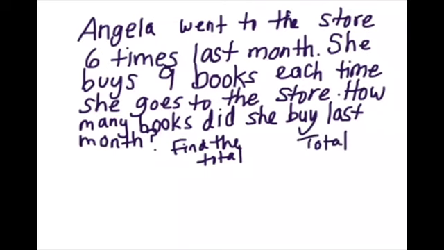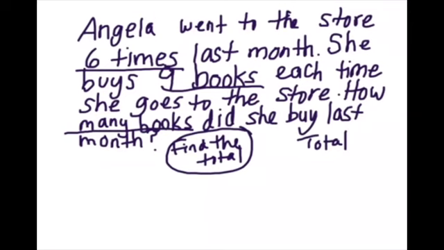Well, she went to this store 6 times last month and she bought 9 books. We need to know how many total books she bought last month. Finding the total is what it looks like we need to do.